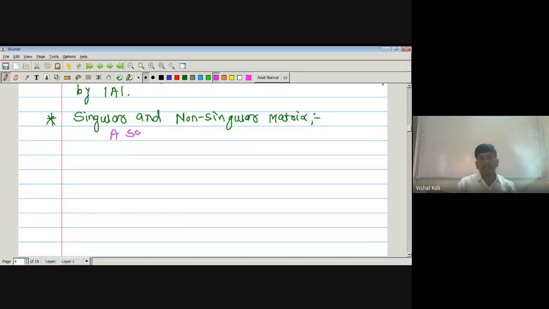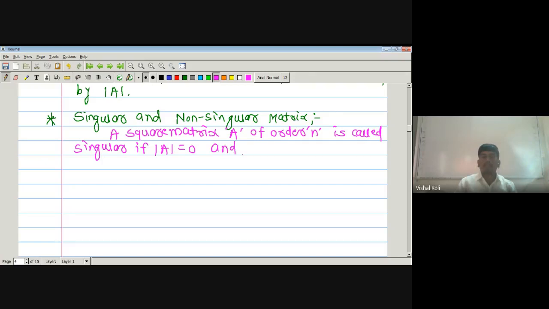A square matrix capital A of order n is called singular if the determinant of A is equal to 0, and it is called non-singular if the determinant of A is not equal to 0.